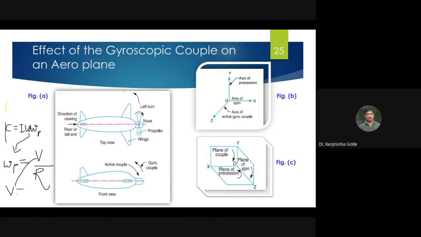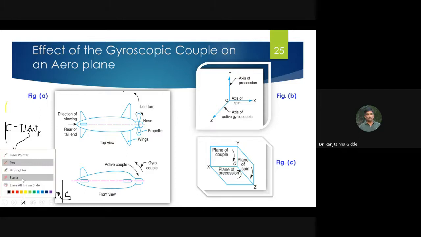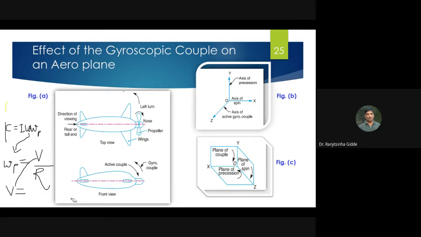Next line, v is equal to linear velocity of the aeroplane in meter per second.